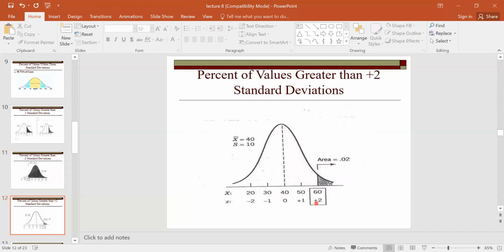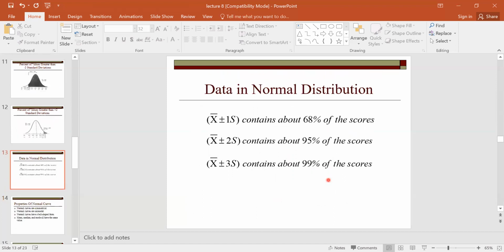Similarly, the percent of values greater than plus 2 standard deviations is 2%. We can see the mean plus minus sigma covers 68% of the scores of the curve, 2 sigma covers 95% of the curve, and 3 sigma covers 99% of the curve, whereas the remainder is covered in 4 sigmas and so on.